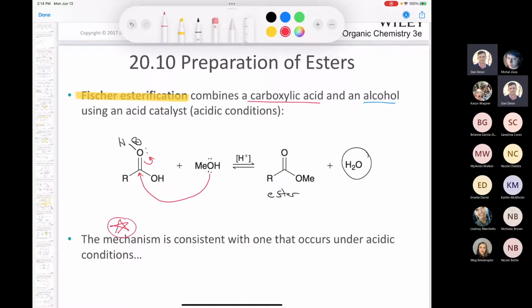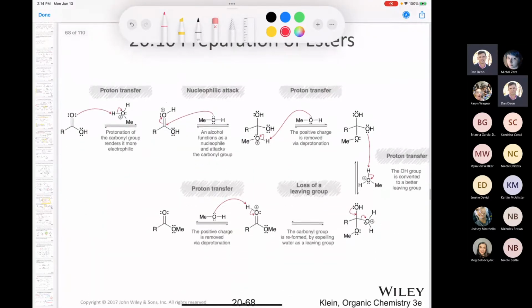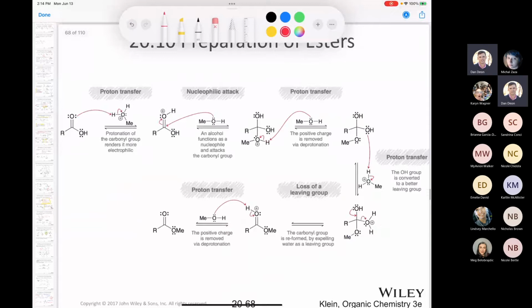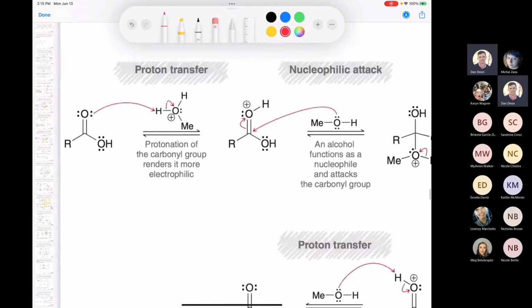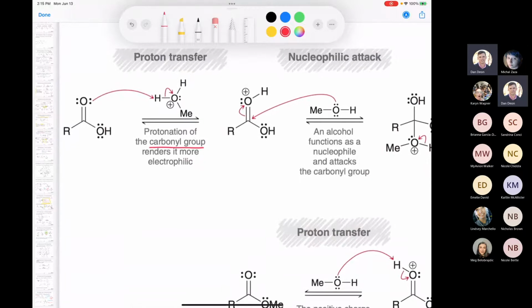This is actually the first and second steps of the mechanism shown on this slide. The first step is the proton transfer, which renders the carbonyl group more electrophilic. Now that you've made it a very powerful electrophile, the methanol can come in and do a nucleophilic attack.